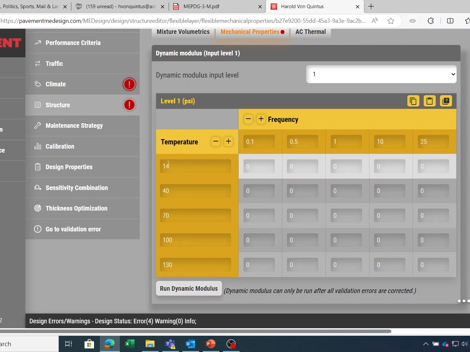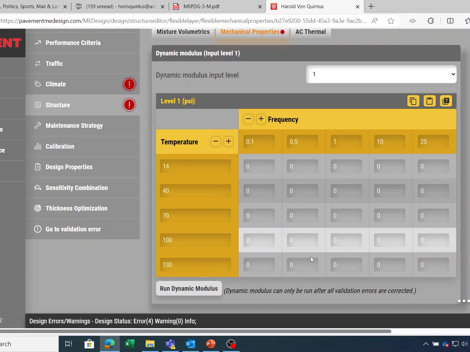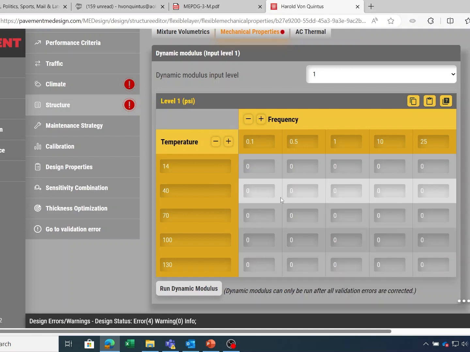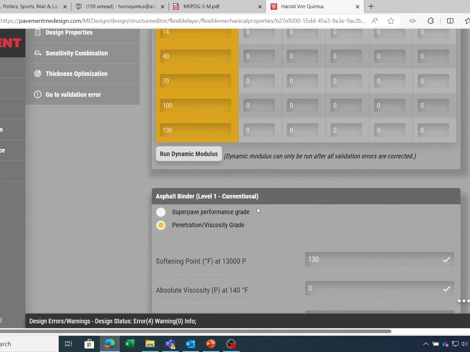These are the common test temperatures for different frequencies, and then the value is imported in to fill this matrix of temperature versus frequency in terms of dynamic modulus value.